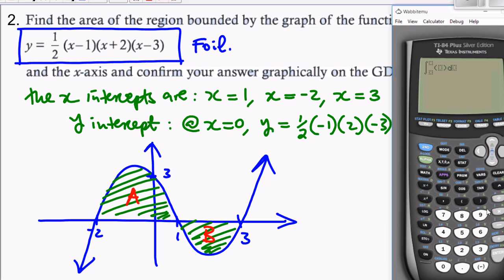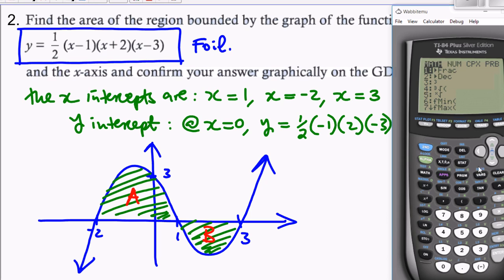But instead of plugging in the function here, I'll plug in the absolute value of that function. The lower limit is, of the 3 limits that we have, -2, 1, and 3, the lowest is -2. The highest is 3. Remember, I'm skipping the middle one. And then here, I'll plug in the absolute value of that function.